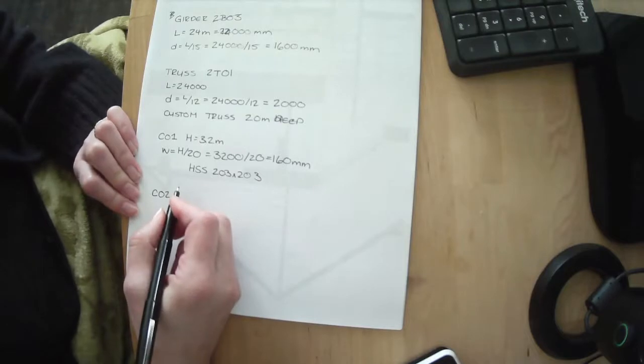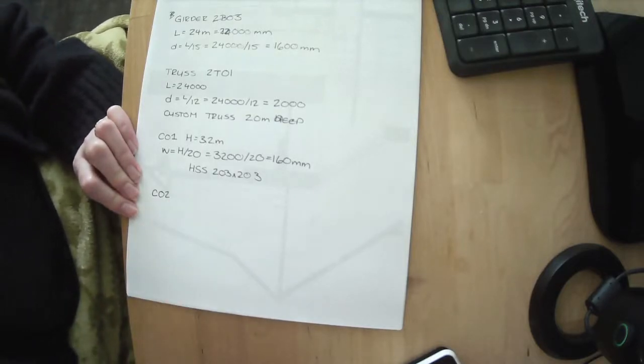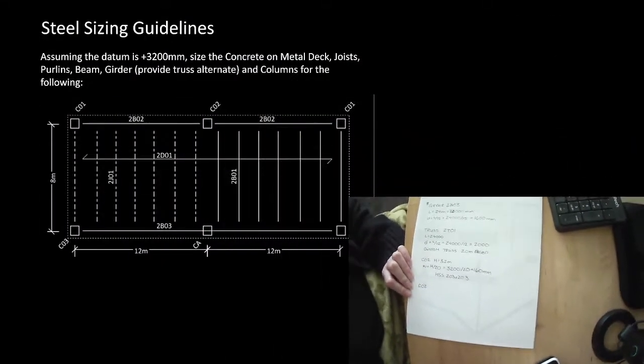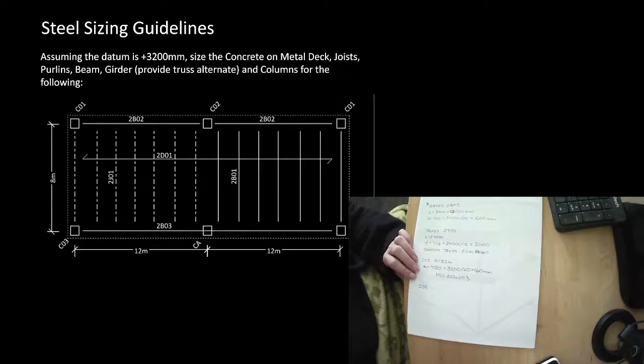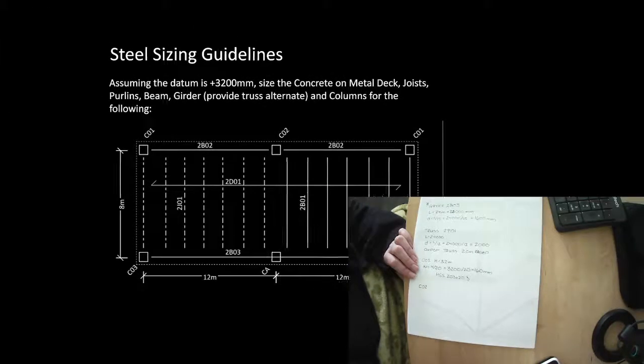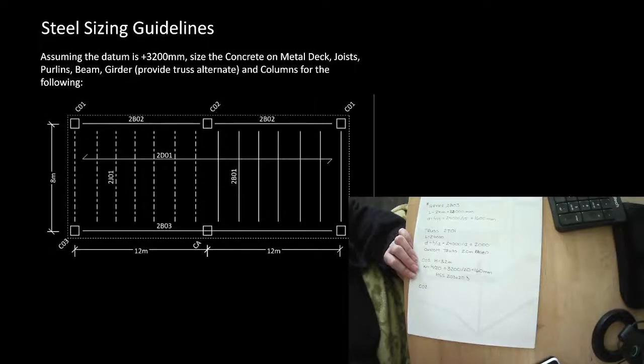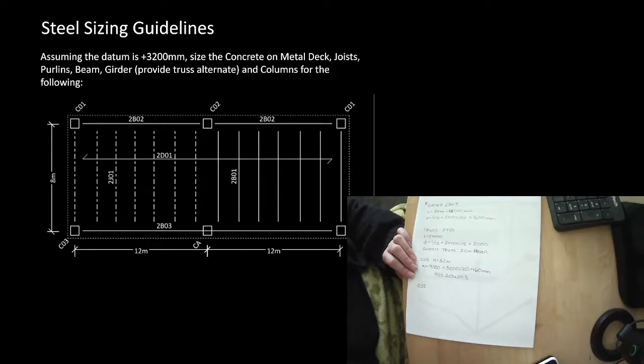Column CO2, if we look at this plan, column CO1 is picking up this tributary area. Column CO2 is picking up this tributary area. We know that it's picking up twice the area, which means twice the load. Let's see what our sizing guidelines tell us.